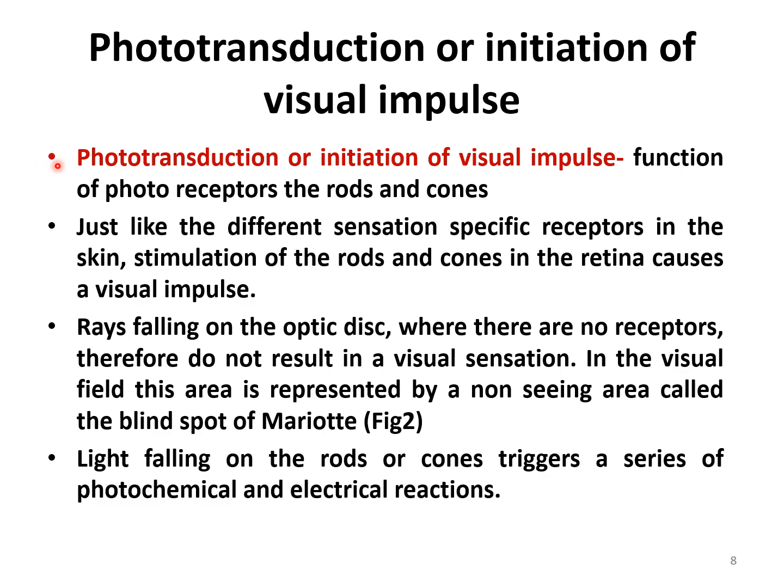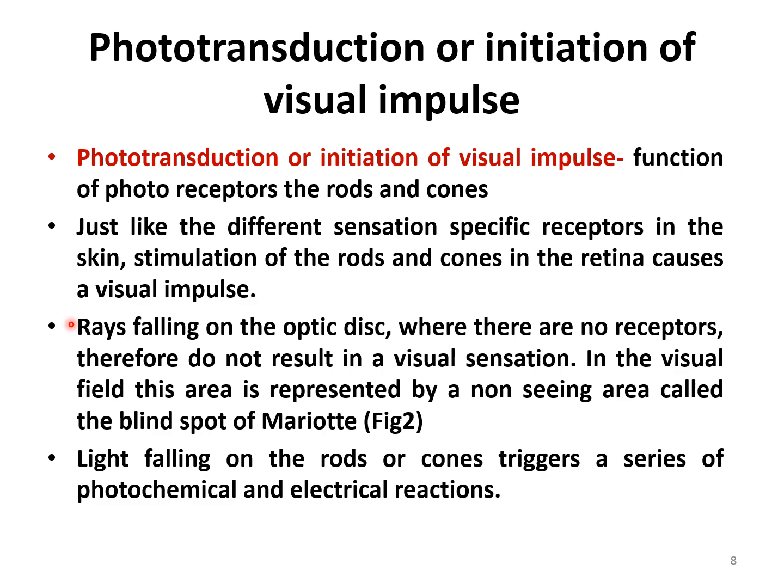Phototransduction or initiation of the visual impulse is a function of photoreceptors, the rods and cones. Just like the different sensation-specific receptors in the skin, stimulation of the rods and cones in the retina causes a visual impulse.